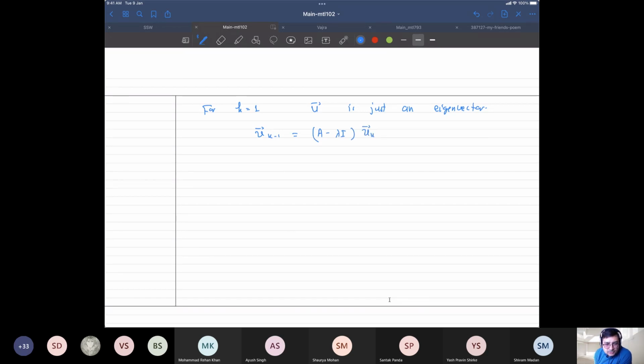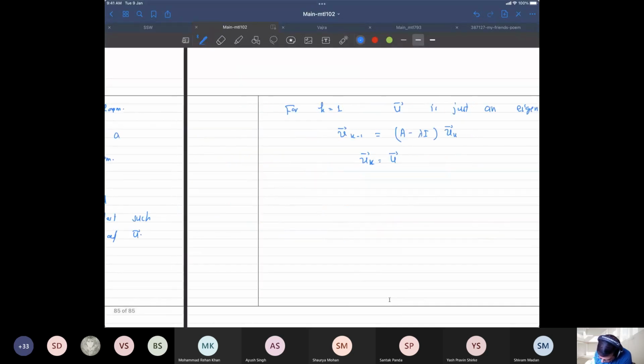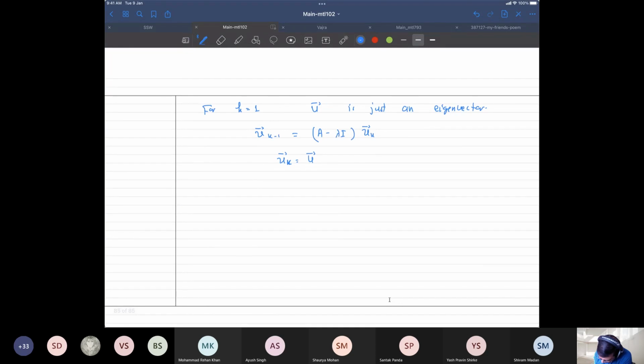And of course I need to say that Vk equals (A minus lambda I) to the power k minus 1 applied on U, because I choose U, for k not equal to 1.